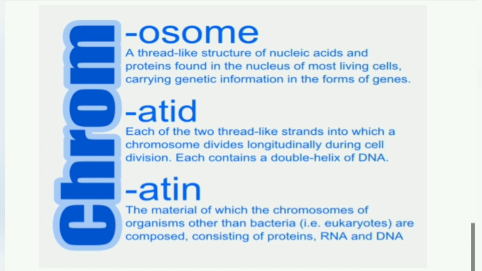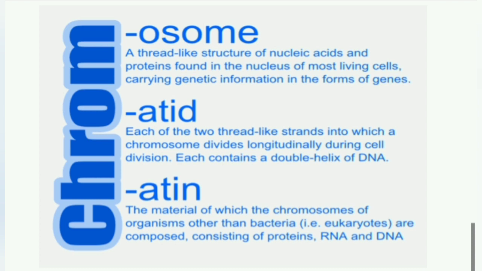Chromatin is the material of which the chromosomes of organisms other than bacteria, for example eukaryotes, are composed, consisting of proteins, RNA and DNA. So chromosome is a thread-like structure of nucleic acid and proteins, and chromatids are the two thread-like structures of a chromosome.